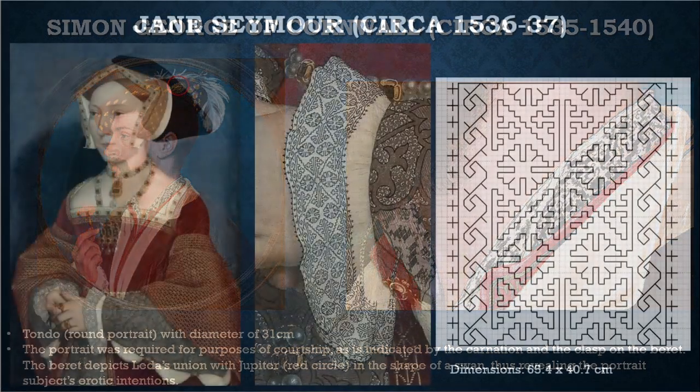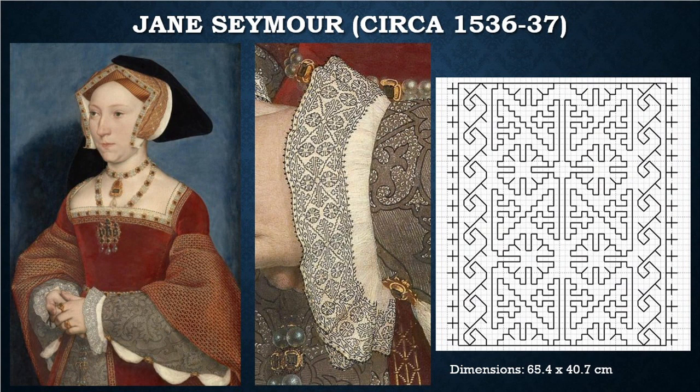Here is the infamous portrait of Jane Seymour. Jane Seymour was the third wife of Henry VIII, and she was the mother of Edward VI, the only legitimate son of Henry VIII. This portrait is from right around 1536 to 1537. She married Henry VIII in 1536. However, she died shortly after childbirth in 1537.